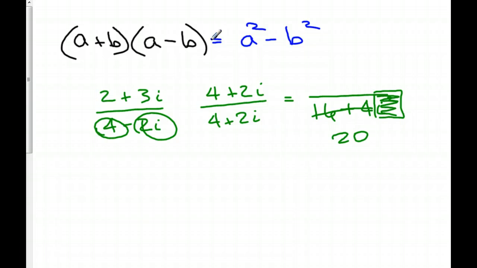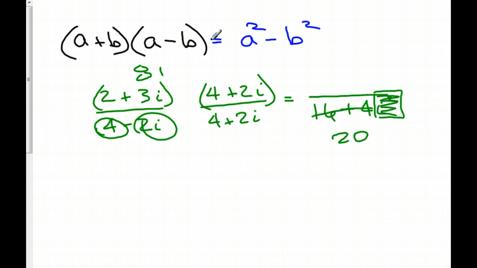What happens to the top? Okay, we're going to FOIL it all out. F gives me 8.